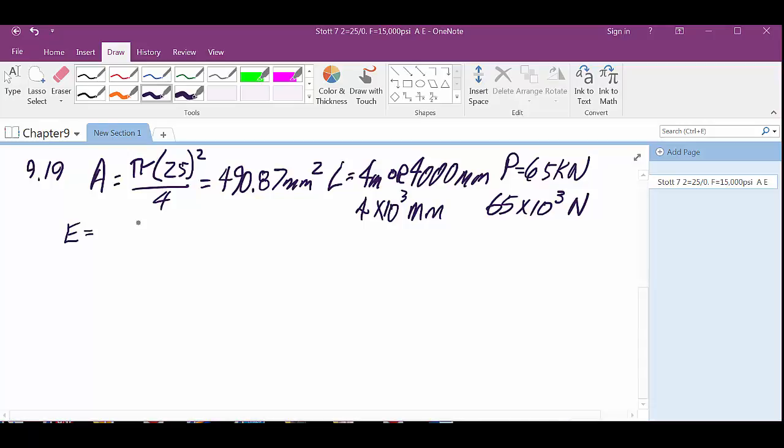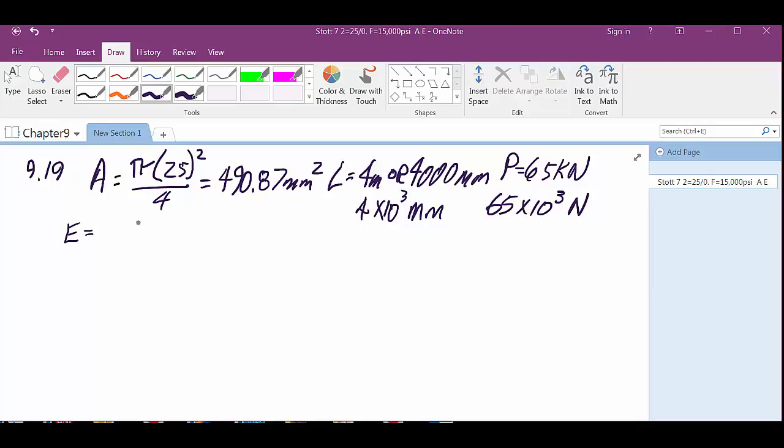It looks like you just used 70,000. I guess it's just a rounding issue again. What did yours come out to? Well, I got 68,950 megapascals.